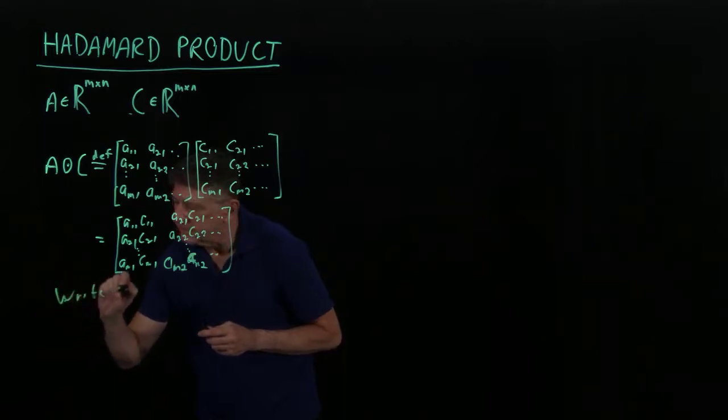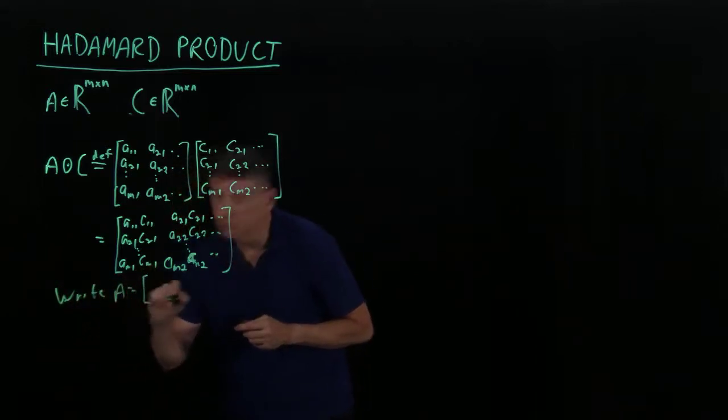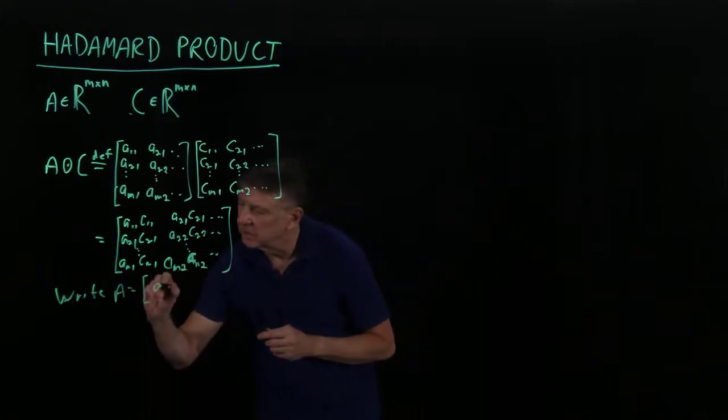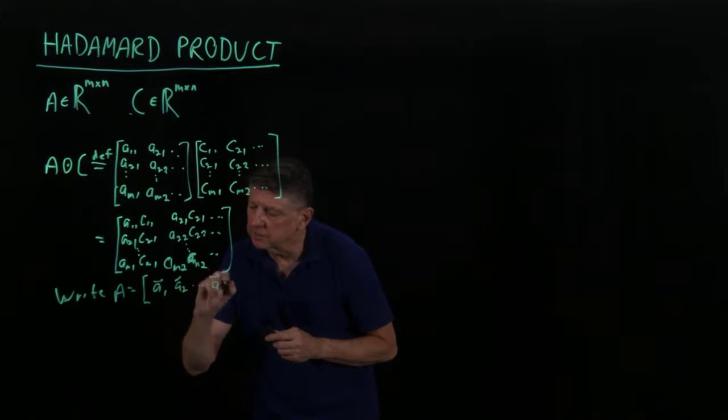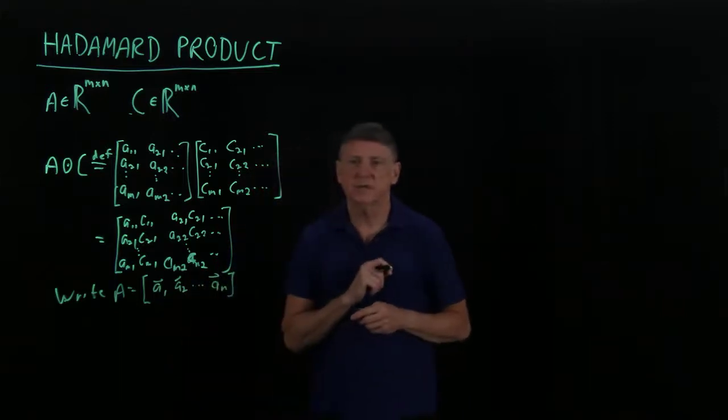So let's suppose that we write A in terms of its columns. So that'll be column 1, column 2, and so on until we've written all of the columns in the matrix.